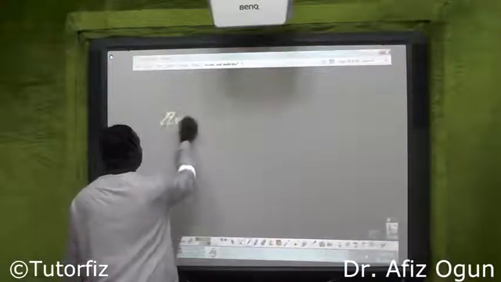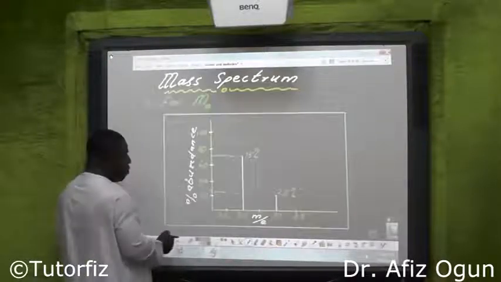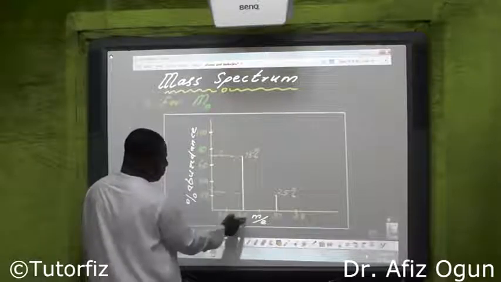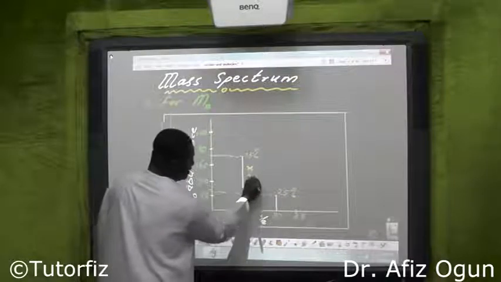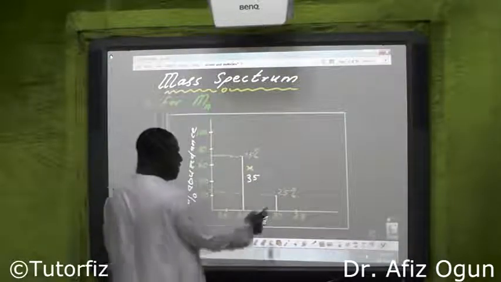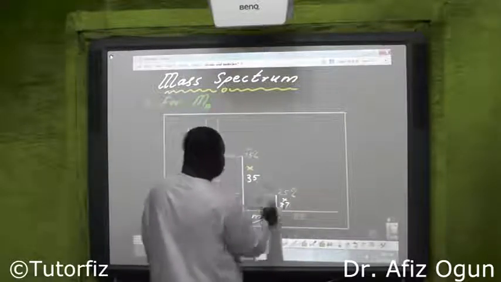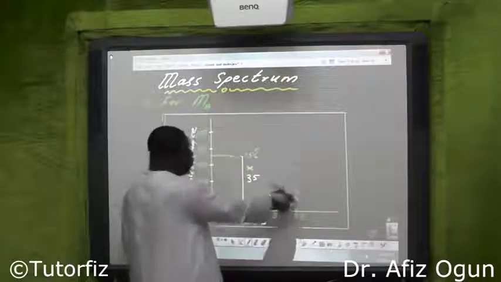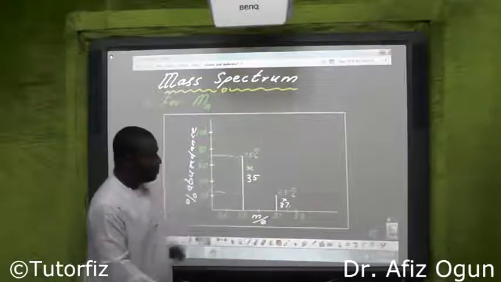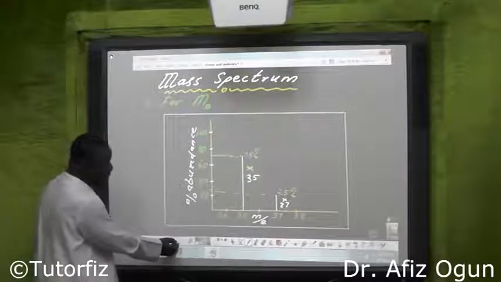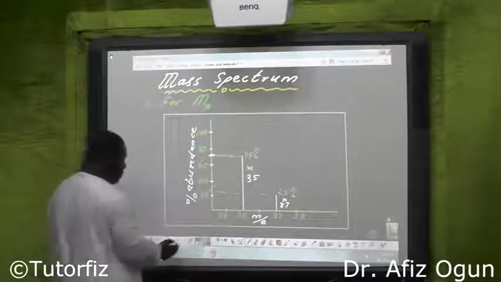The average will be equal to whatever abundance you have here multiplied by its mass, 35, plus whatever abundance you have here multiplied by its mass, 37, and the total is divided by the total abundance. The same way we used to calculate before, but this time you get the abundance from the graph, from the spectrum.